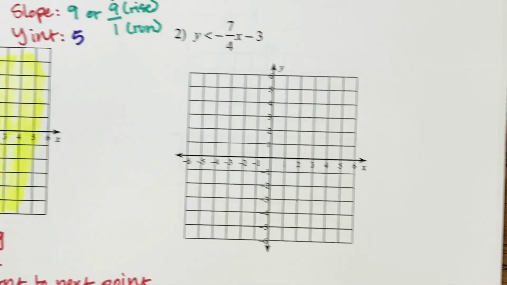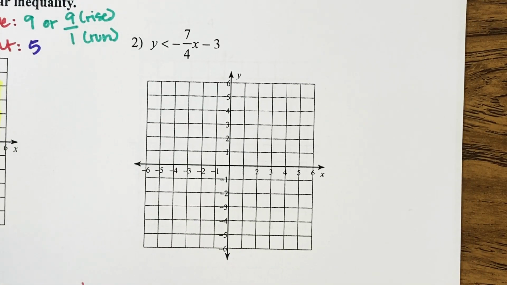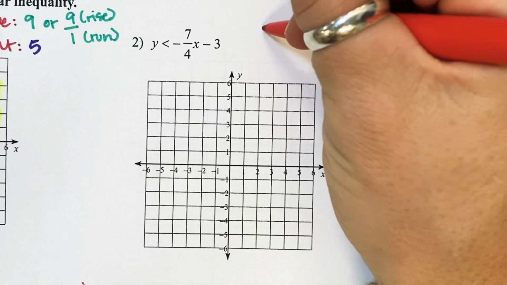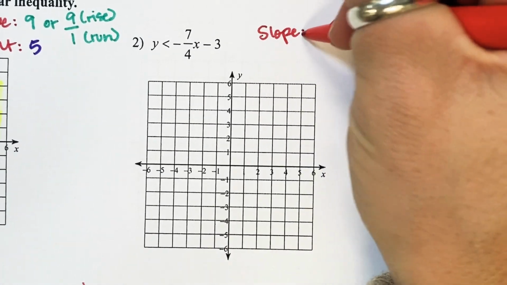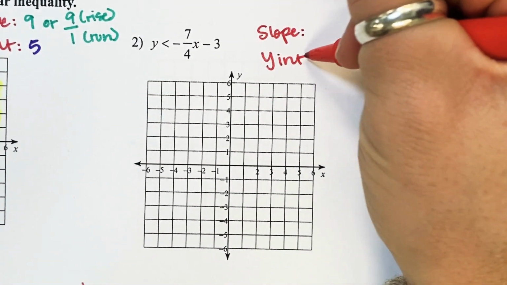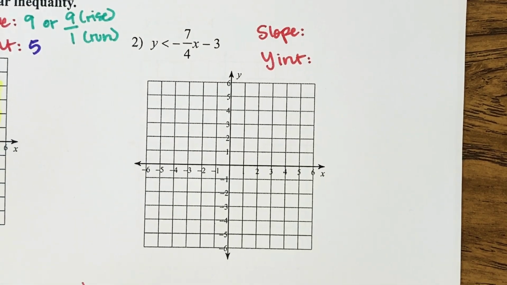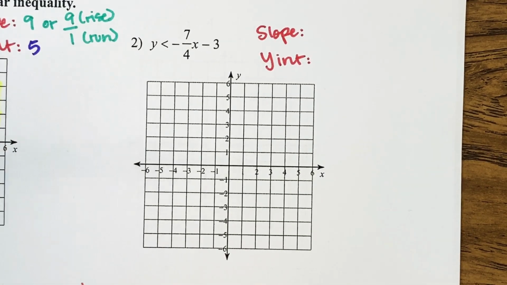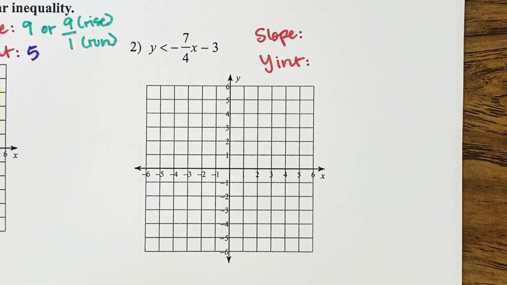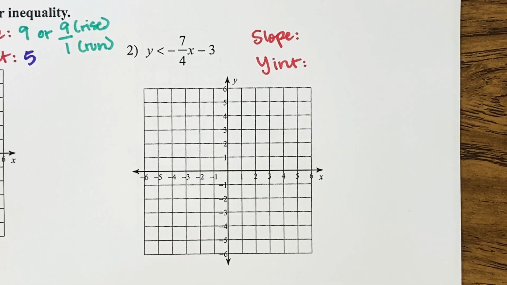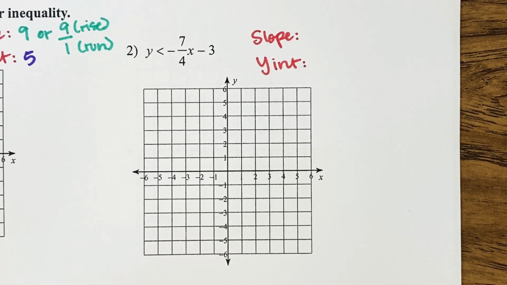Okay, let's do number 2. So first thing, we're going to start it off the exact same way. So our slope and our y-intercept, let's identify those. Okay, what is my slope? What is the number or the fraction that is right in front of the x? So find the x, and then what is the number right in front of it?